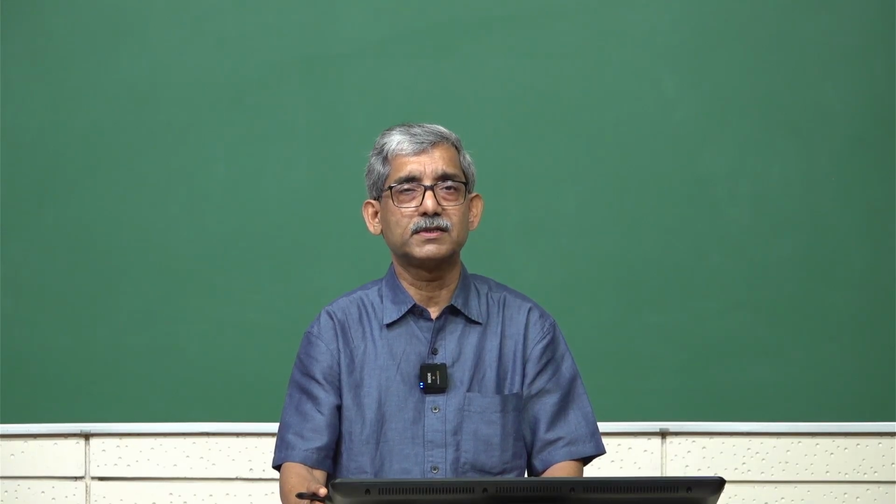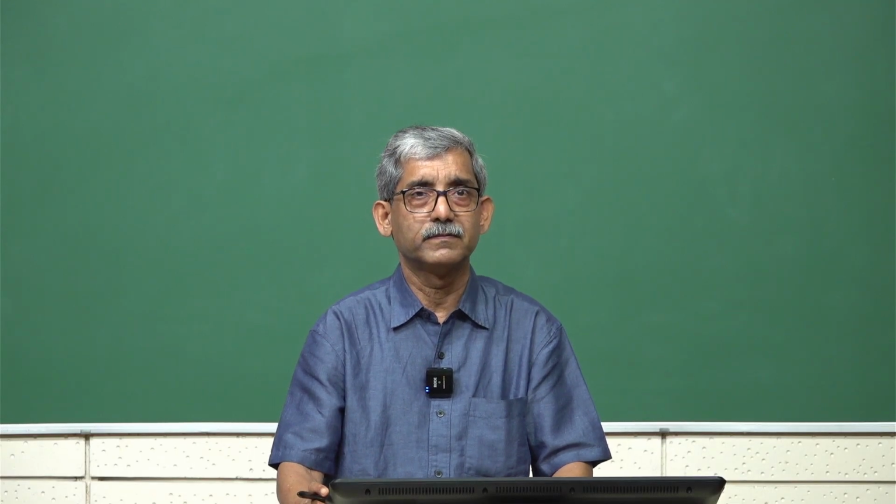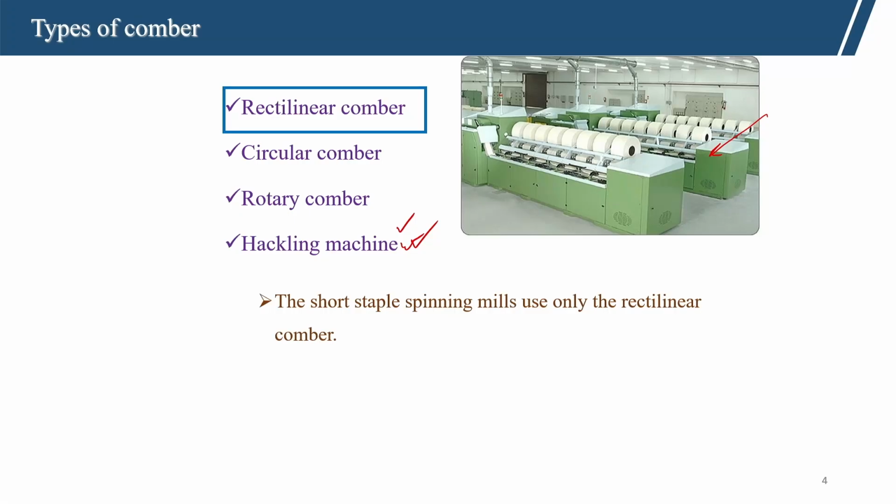So, we will be discussing here only the rectilinear comber. The short staple spinning mill uses only the rectilinear comber, and single sided machines and double sided machines are available.